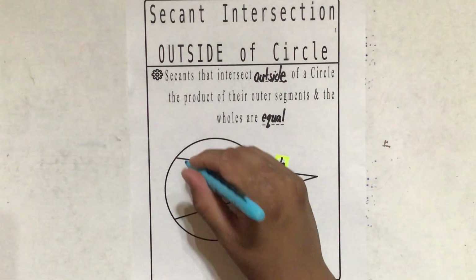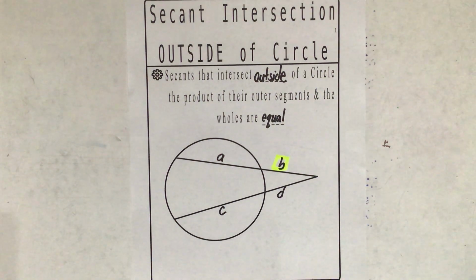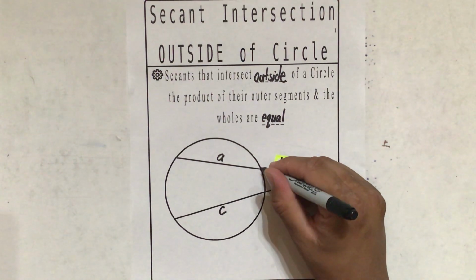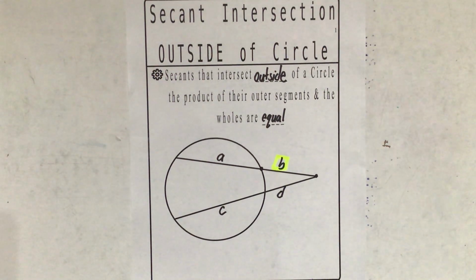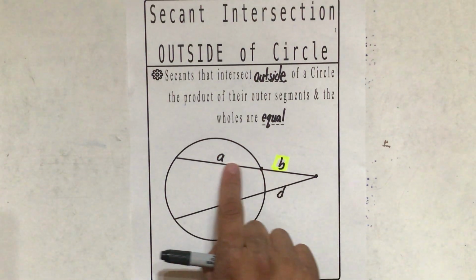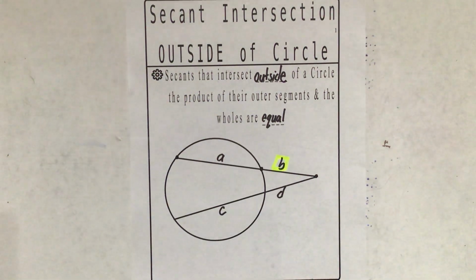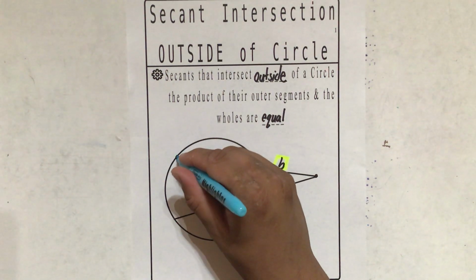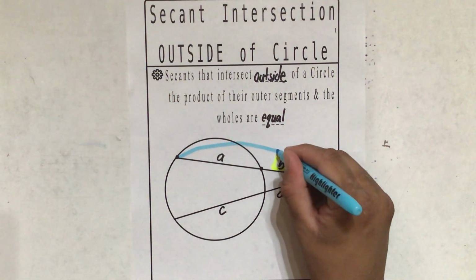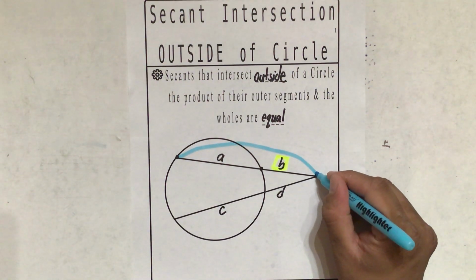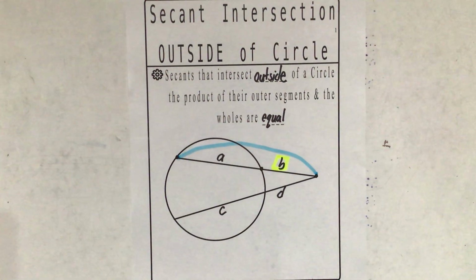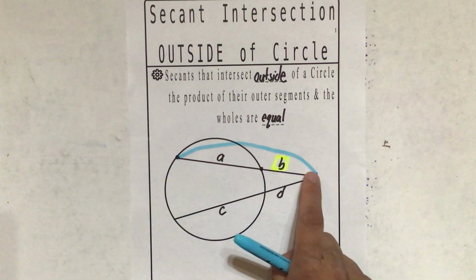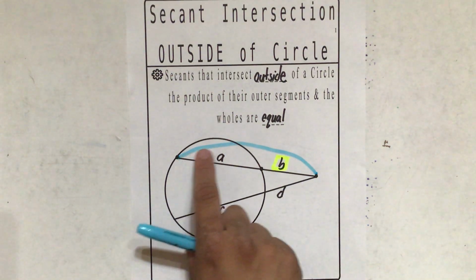The outside is from here to here. So that's B here. The whole thing goes from here all the way over to here, from the left point all the way to the right point. So what goes under the whole blue loop?